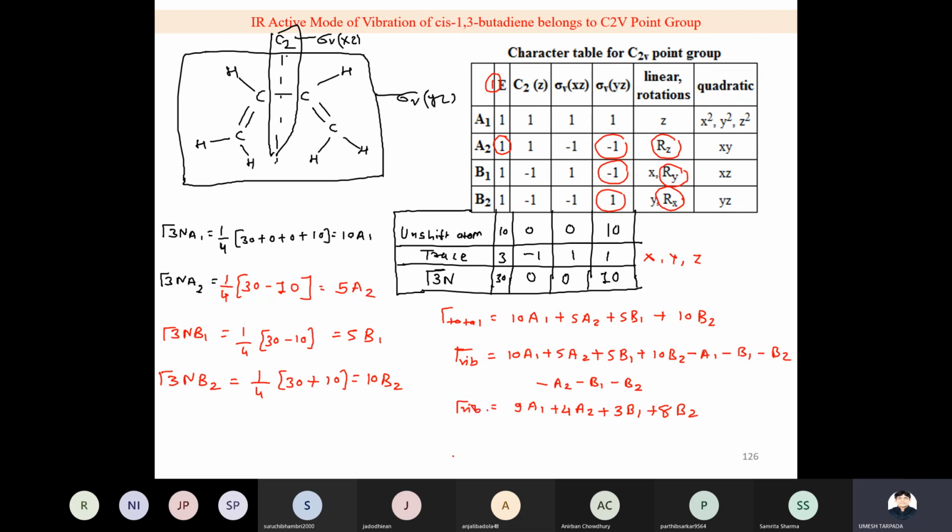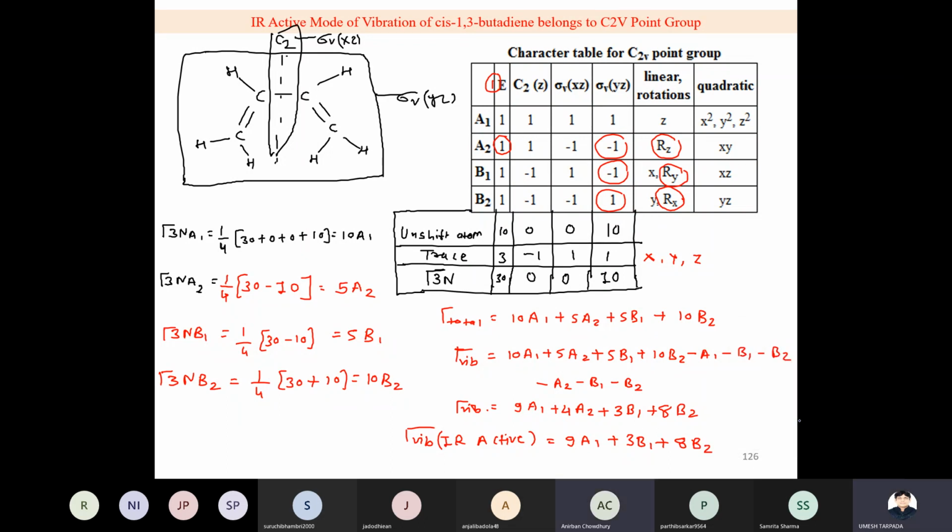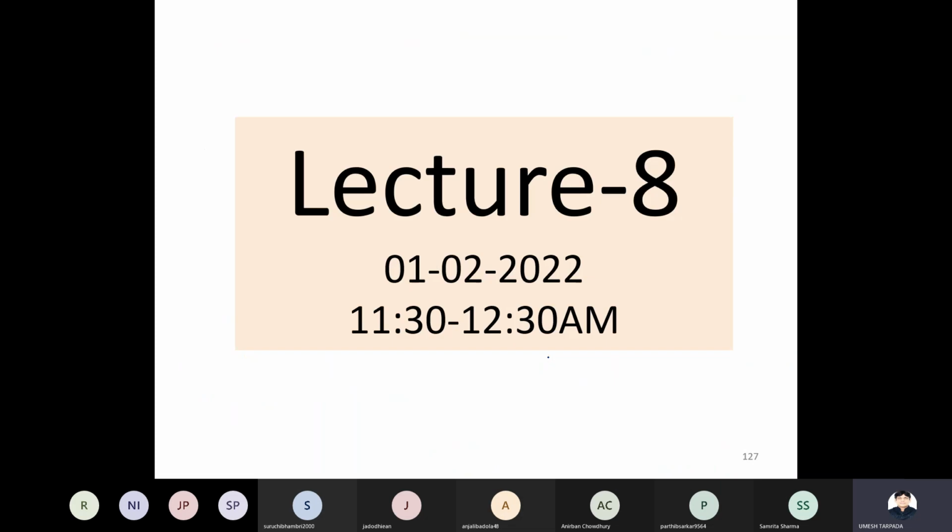Now, in order to get the vibrational modes which are IR active, your answer becomes 9A1 plus 3B1 plus 8B2. We have not taken A2. Why? Because A2 is IR inactive: in the case of A2 there is no x, y, z. Therefore this is your answer. These are called the IR active modes of vibration.